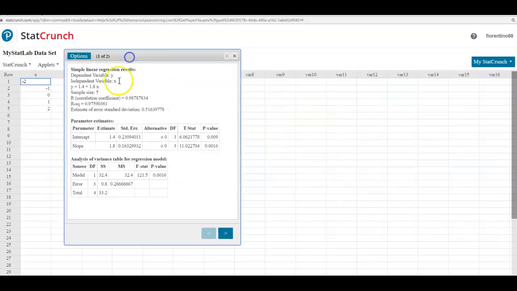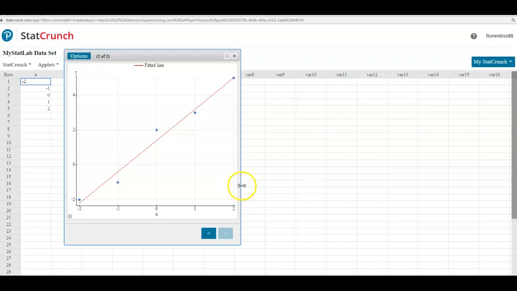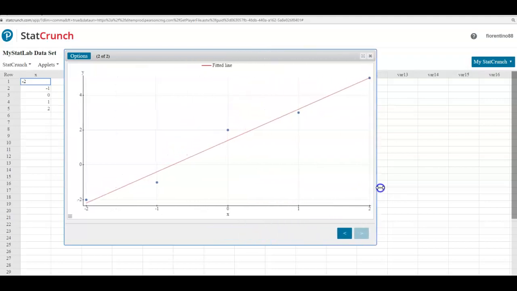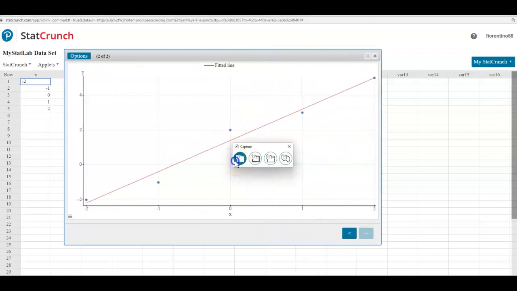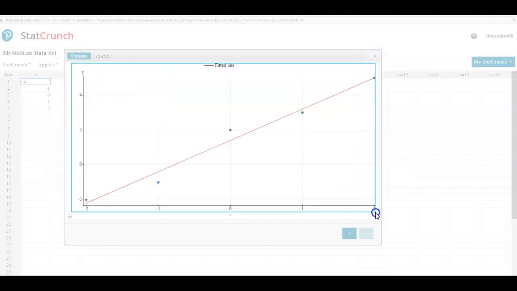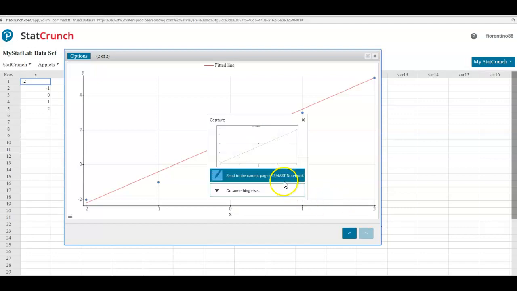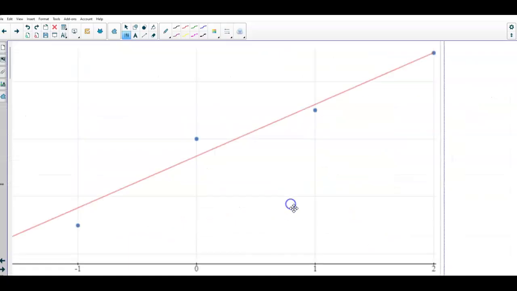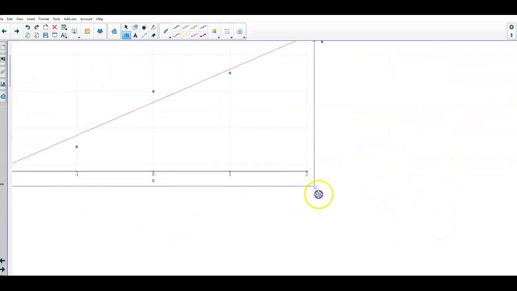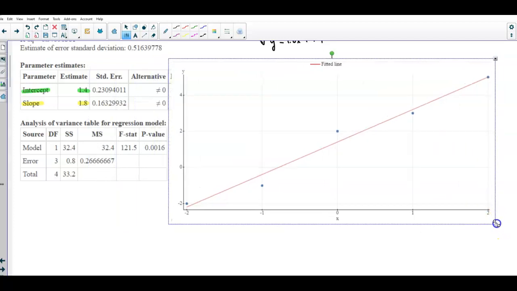It gives me the same information that I got before. Now if I move to this next page, it gives me the graph. So I'm going to go ahead and copy this graph, and then we're going to go over it a little bit.